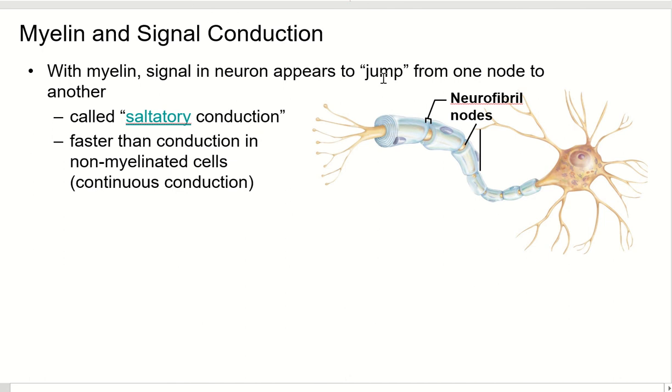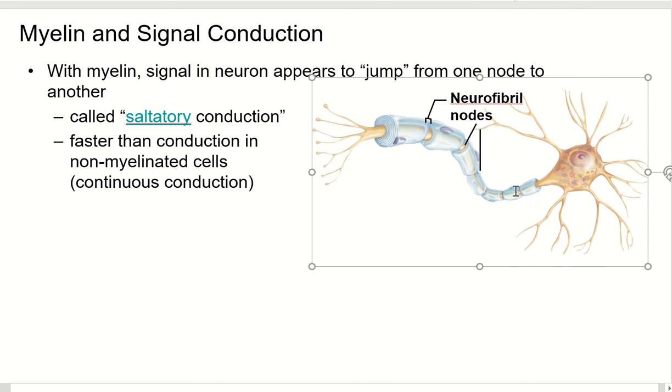So with myelin, because each piece of myelin insulates the signal, when we measure the signal going down an axon, we don't see it. We can't measure it while it's passing through these spaces.